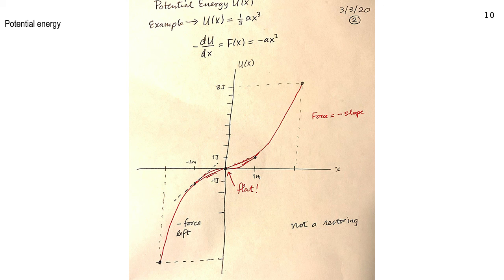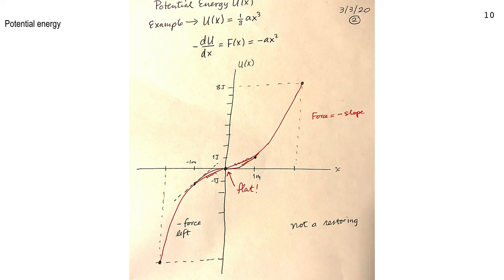Let's say that u of x is equal to 1/2 kx squared plus ax to the third. Okay, let's keep that cubic term in there.